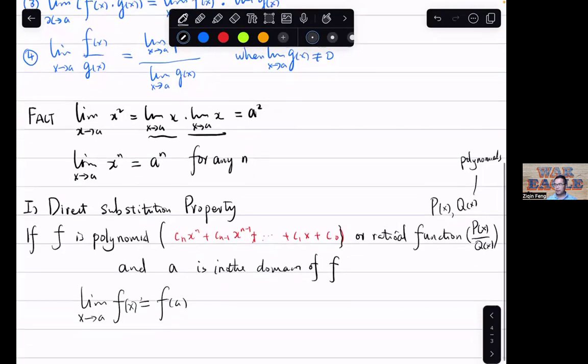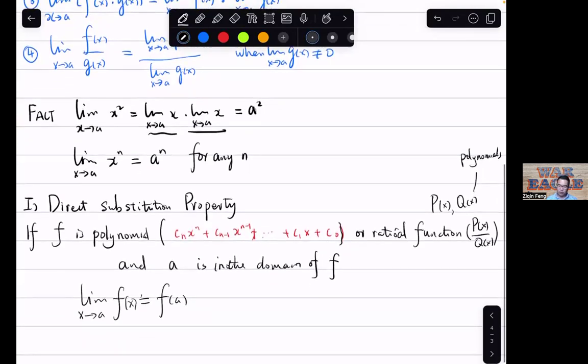So let's see one quick example. As x goes to -2, of x cubed plus 2x squared minus 1 over 5 minus 3x.